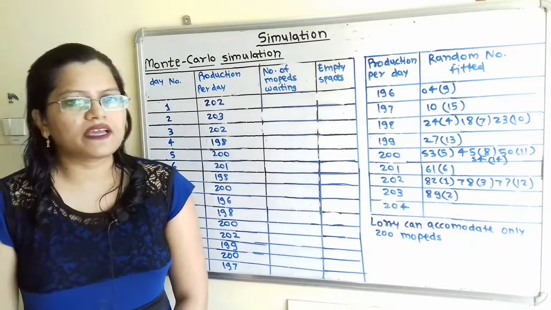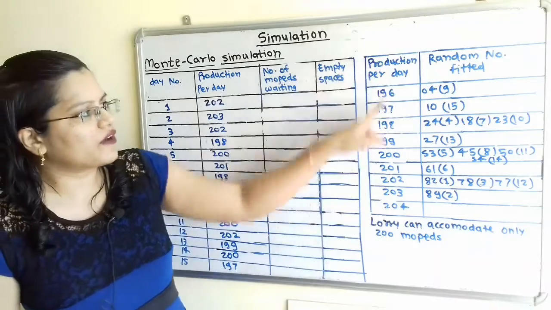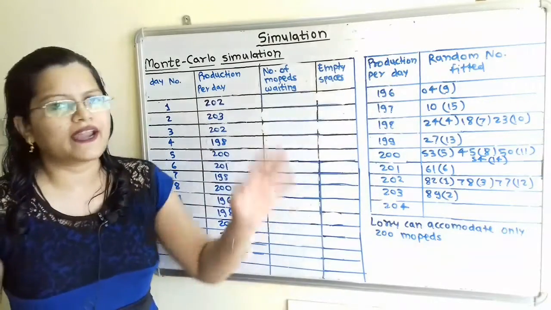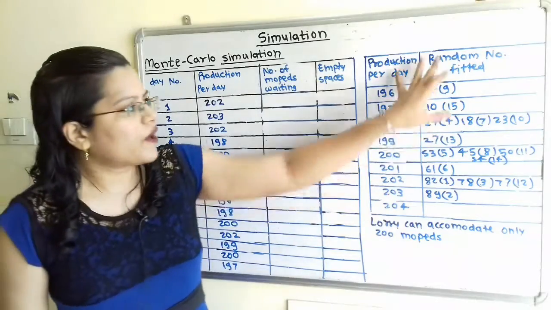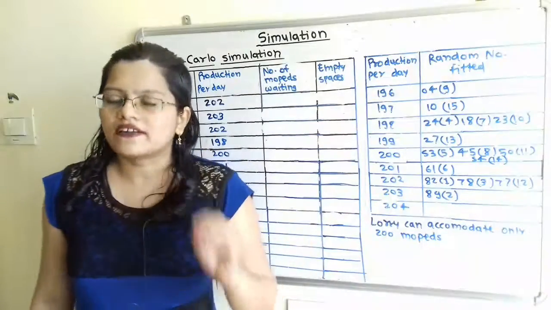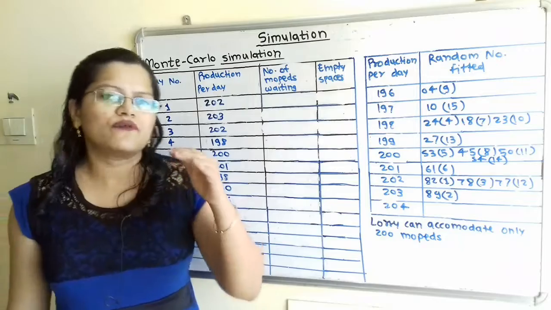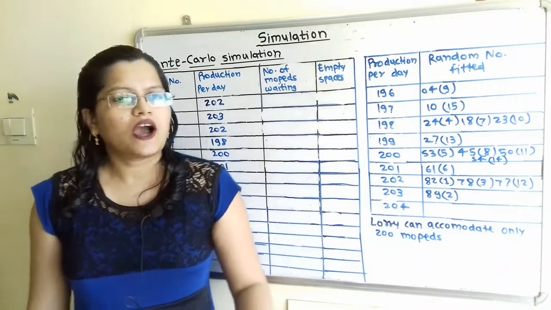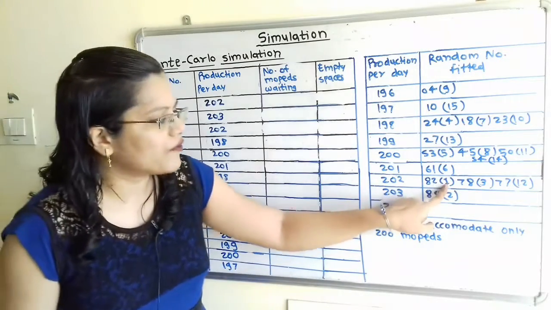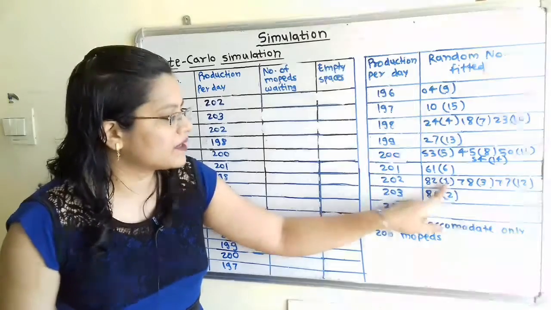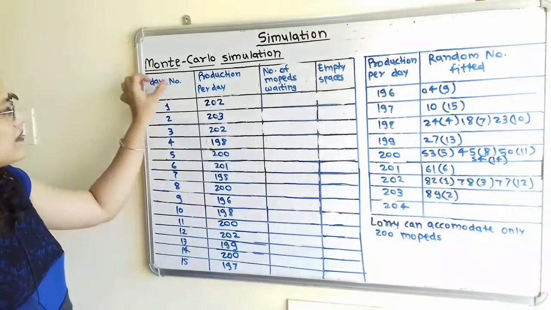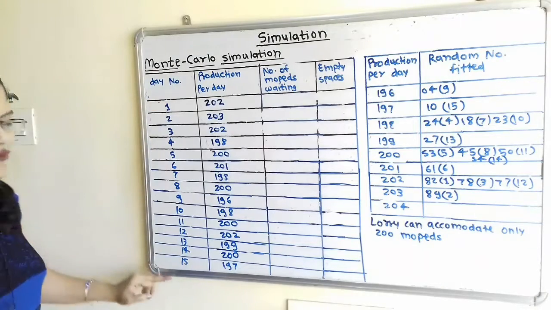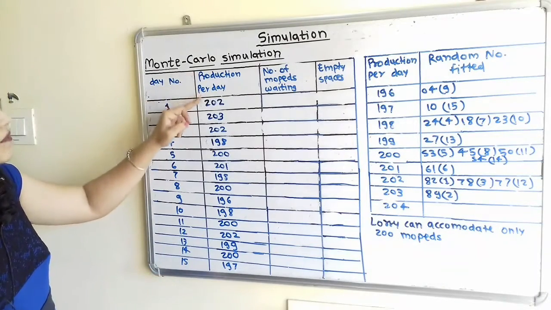Now from the previous table we have to refer to the first column, production per day, and the last column, random number fitted. From these two columns we can write the production for each day. How to find this? For the first day, that is the first random number, the production is 202. So we will make here the day number, from 1 to 15, and the production per day.